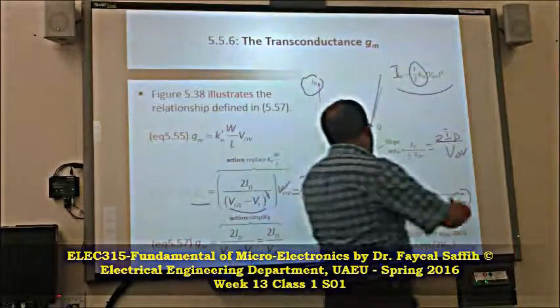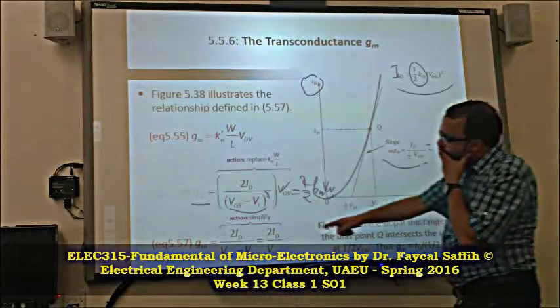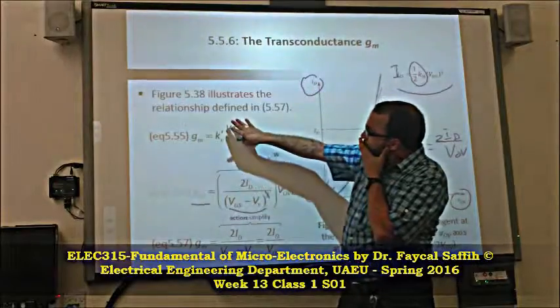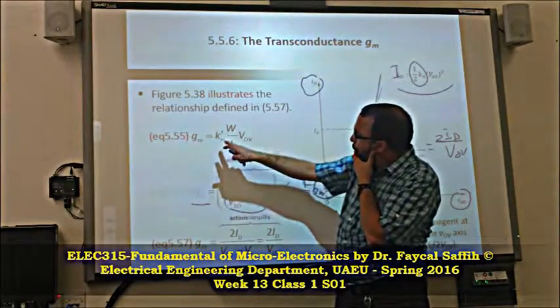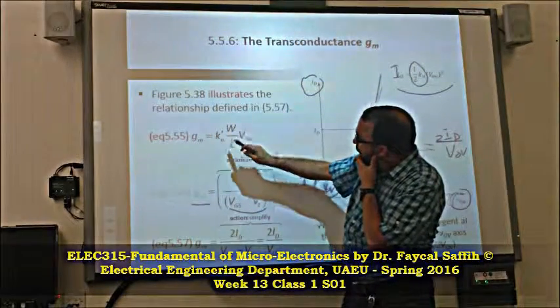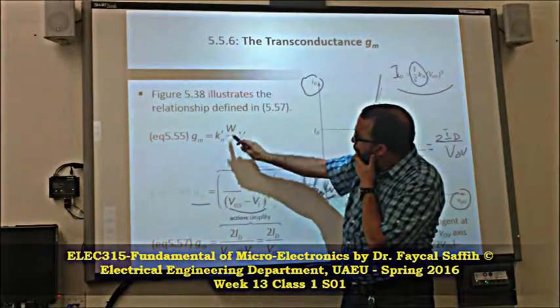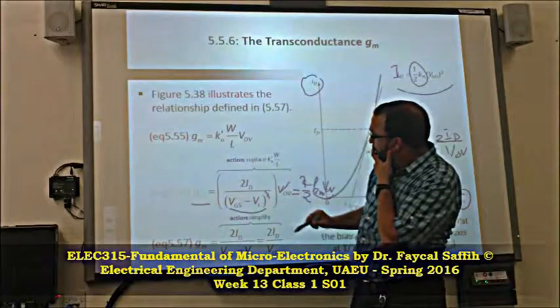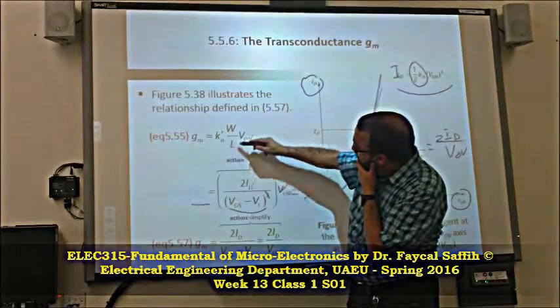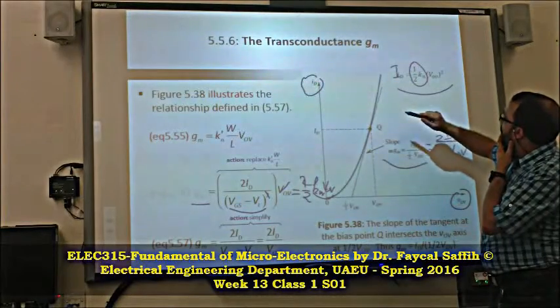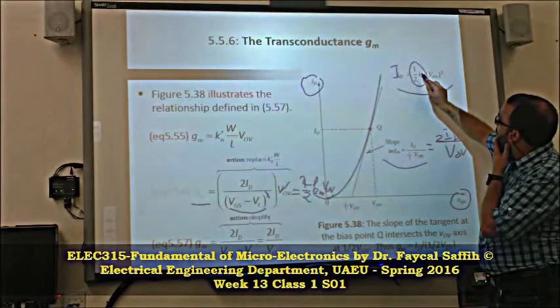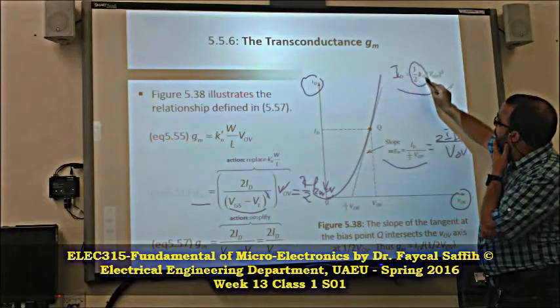The previous one was the graphical way, but this is the analytical way, in which gm is equal to Kn prime W over L times the overdrive. When we develop this one, it will be Kn prime W over L.